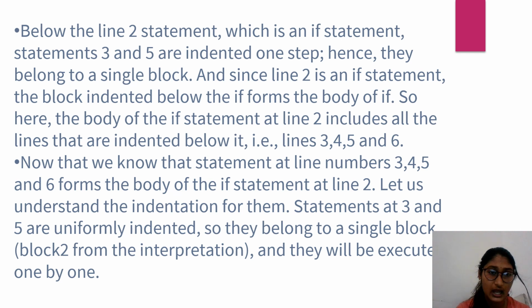Statements 3 to 5 are indented one step, hence they belong to a single block. Since line 2 is an if statement, the block indented below it forms its body. So the body of the if statement at line 2 includes all the lines indented below, that is, lines 3, 4, 5 and 6.